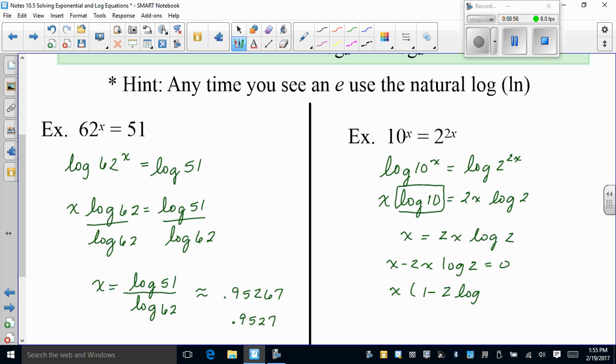And yes, we could change this to 1 minus log of 4, 2 squared. And we divide by this guy, x equals 0 over anything, which is going to give us x equals 0. So the only way to make this one equal is if x was 0, because 10 to the 0 power is 1, 2 to the 0 power is 1. The only way to get that one to work would be for them to be 0. Sometimes that's just the way it goes.